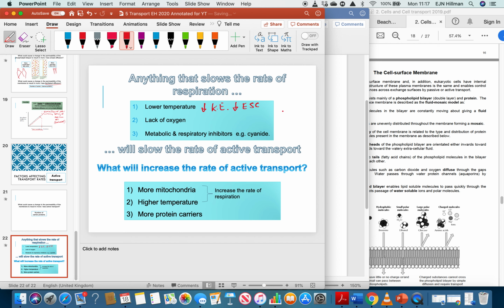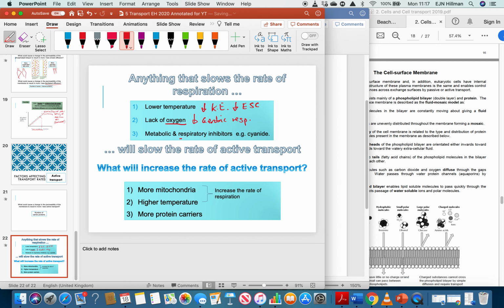There's less ATP, there will be less active transport. Likewise with oxygen. Oxygen is necessary for aerobic respiration. It acts as the terminal electron acceptor. If there's little oxygen, the rate of aerobic respiration would decrease, and there will be less ATP.